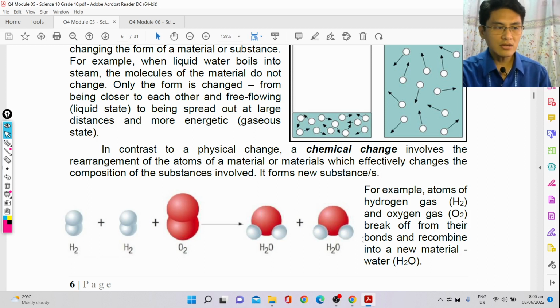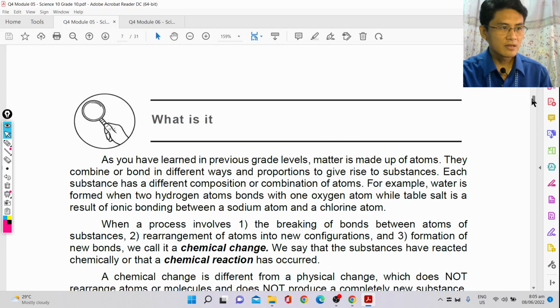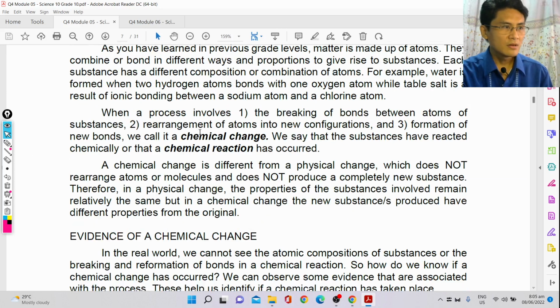Okay, so take note that this would not happen if they did not do certain steps. And what are those certain steps? Well, number one, there must be some sort of breaking of the bonds between the atoms of the original substances, right?